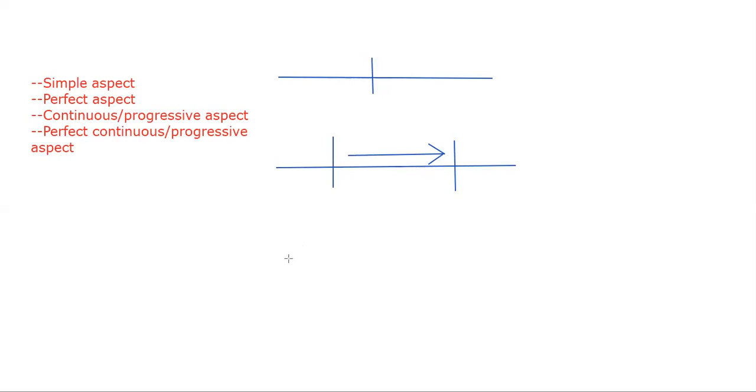The continuous aspect is like an action that is similar to the simple aspect, but it's not implied to take place at one point in time. It's implied to take place before and after that point. Like it's an ongoing process, something that's in progress.